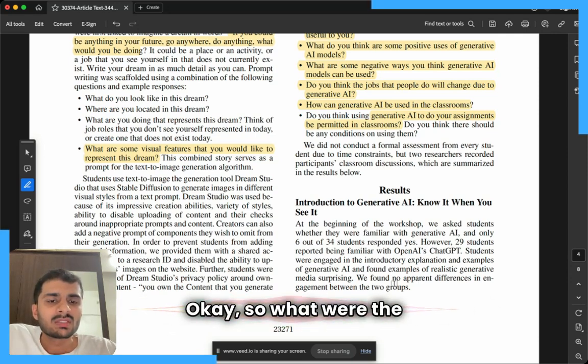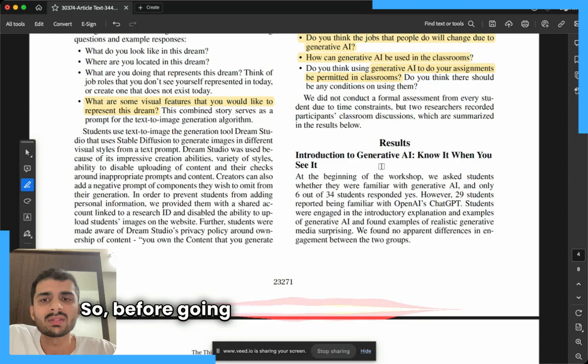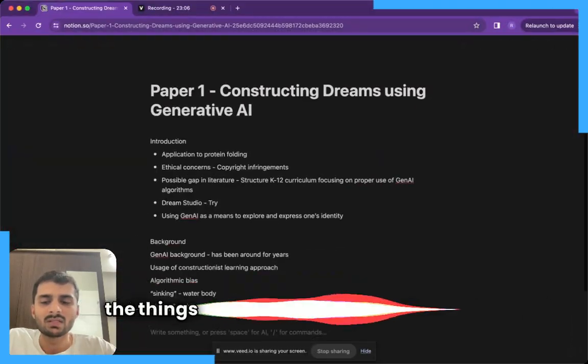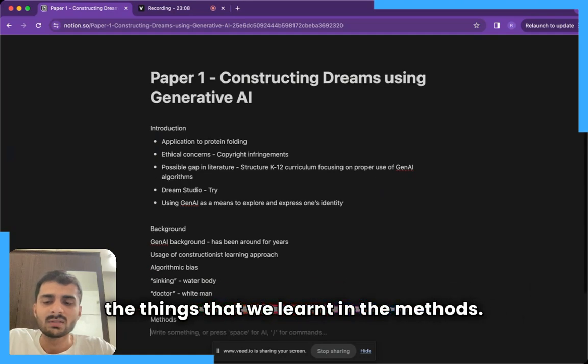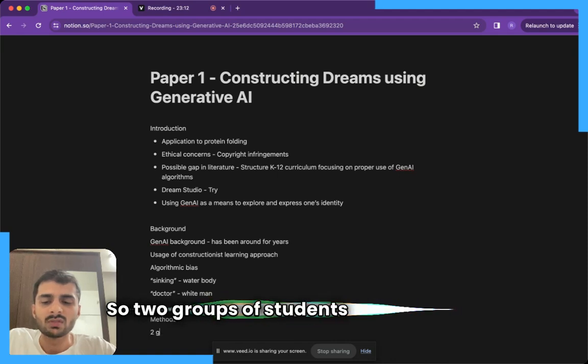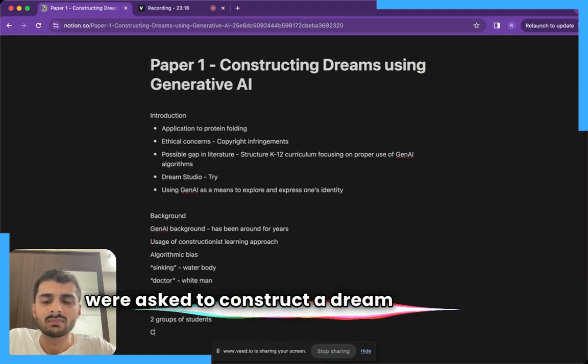Okay, so what were the results of this particular study? So before going to that, let's write down some of the things that we learned in the methods. So, two groups of students, and then they were asked to construct a dream, scaffolding approach.